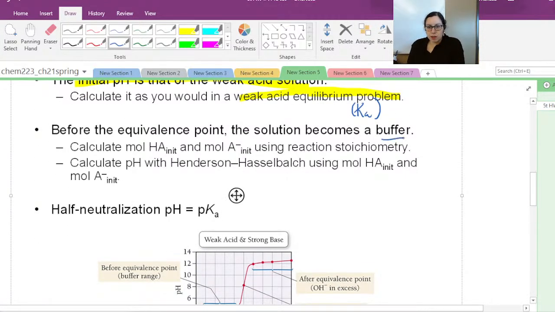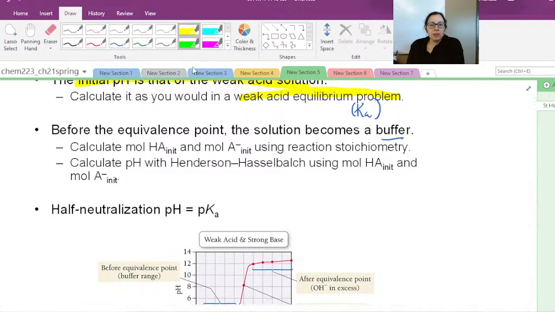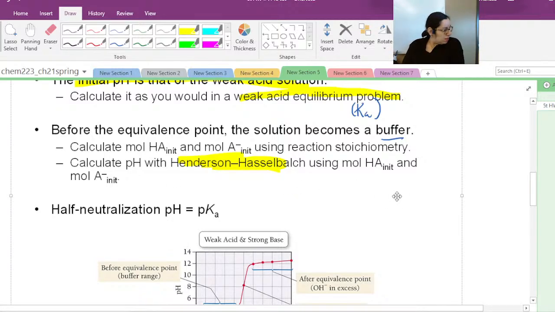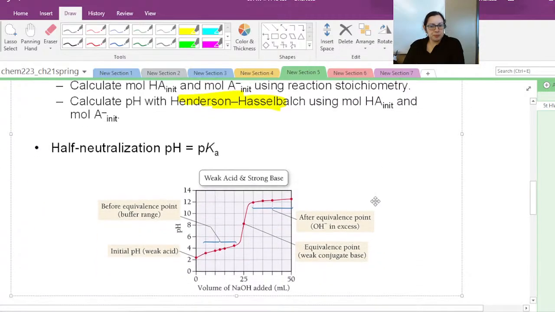And then we can treat it like a buffer before the equivalence point. And so that is when you can invoke Henderson-Hasselbalch in just that specific scenario, when you're titrating, and then you can compare the moles of the base versus the moles of acid, and use Henderson-Hasselbalch.